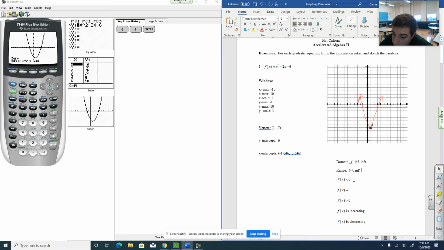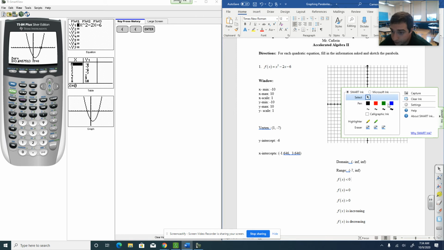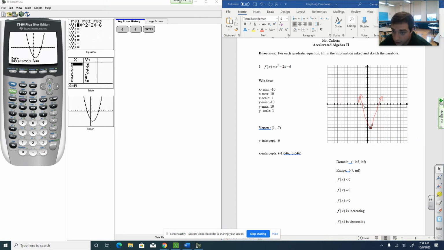Now it's looking for when is f of x less than 0, or when is y less than 0. I like to shade when it is less than or greater than 0. Less than is going to be right here, because our y is positive up here, and it's 0 at our 0 point, and then in this U is where it's less than.